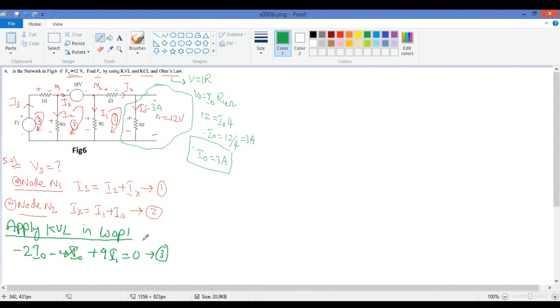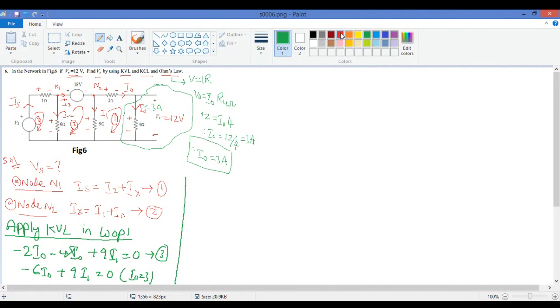Now we will put the value of I naught equal to 3 here. So minus 6 I naught plus 9 I1 is equal to 0, and we put I naught equal to 3 ampere in this equation.